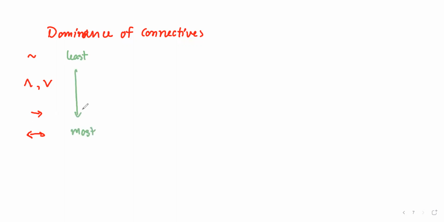For example, if you have a statement in the form of P then Q and not R, and P and Q then not R, where the connectives are put in different places, and we don't have a grouping symbol provided by the problem, you just look at the order in the list.